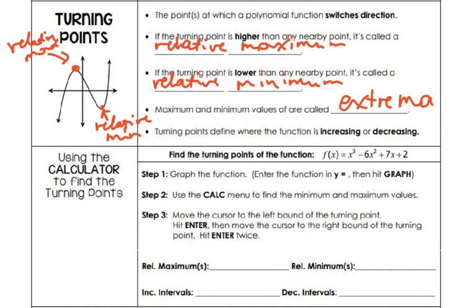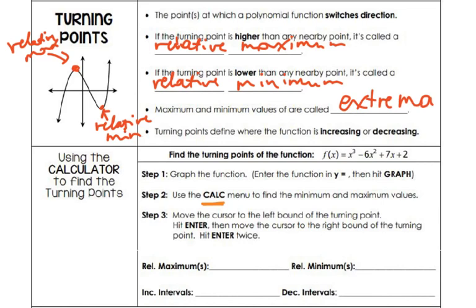Step number 2, you use the Calc menu to find the minimum and maximum values. Move the cursor to the left bound of the turning point, hit enter, then move the cursor to the right bound of the turning point, and hit enter twice. Then it's going to ask you for the minimum or the maximum.